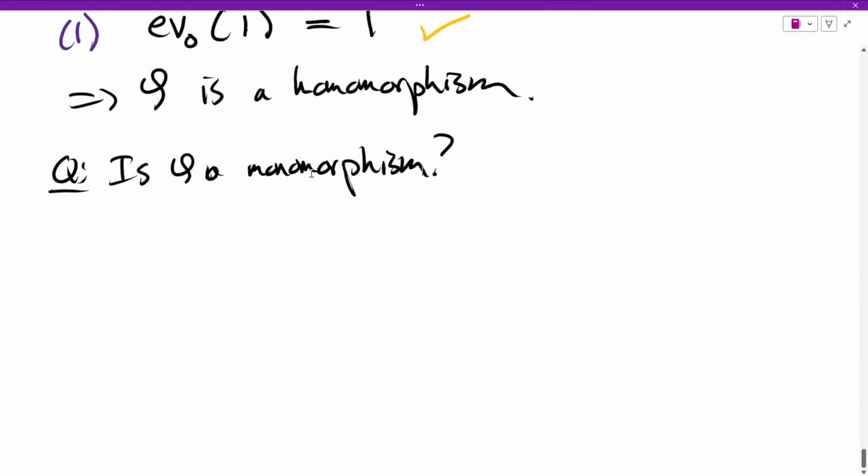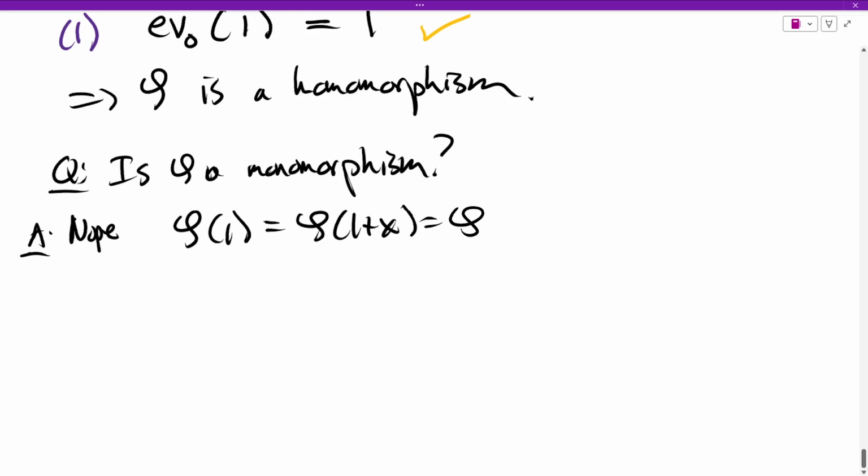So is it a monomorphism? Nope. And the reason is, besides what I just said, all phi does is extract the constant term. So, for example, phi of 1 is the same as phi of 1 plus x is the same as phi of 1 plus x to any power, the same as phi of any polynomial with 1 as a constant term.